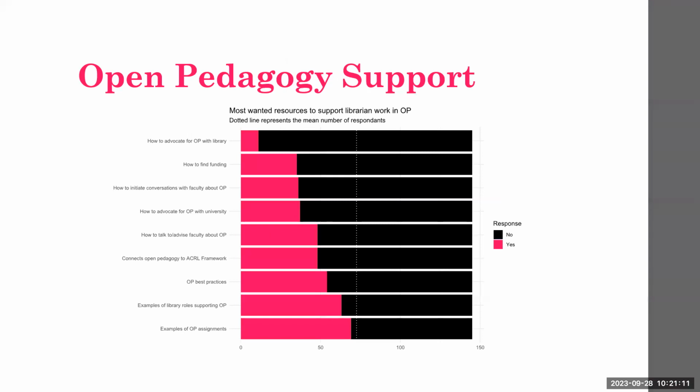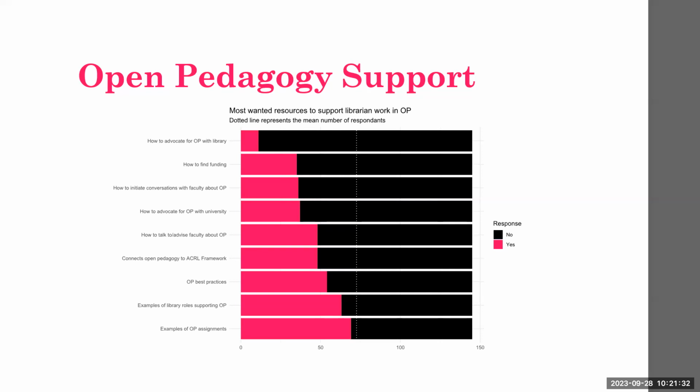We then asked about their thoughts on resources supporting librarians working in open pedagogy. 39% said they are not aware of resources that support this work, and just 21% of all respondents thought available resources were adequate. Respondents were next asked what they would like to see the most in such resources and could choose up to 3.